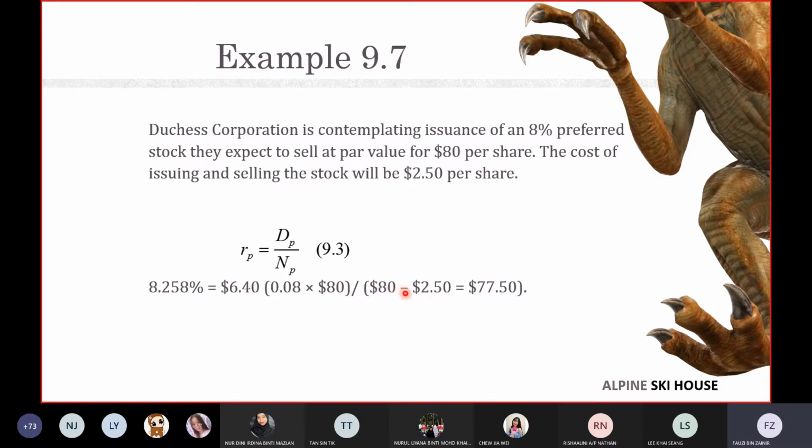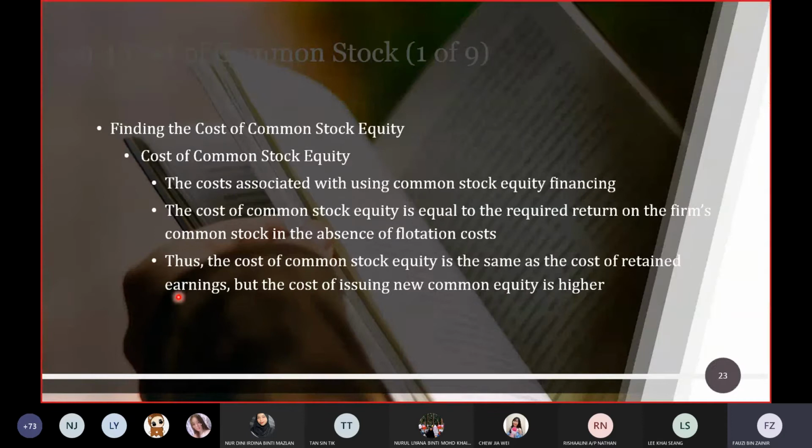Basically, if you minus the cost of $2.50 from $80, you're getting only $77.50. So the overall $6.40 divided by $77.50, the cost of preferred stock is 8.258%.